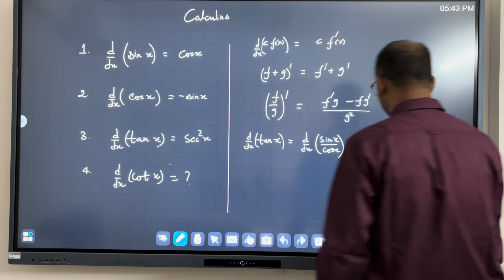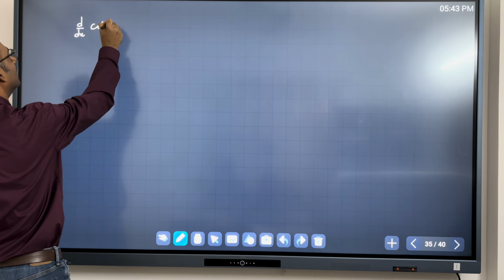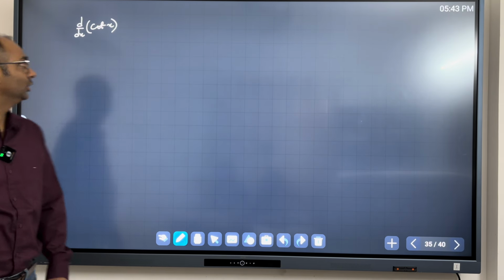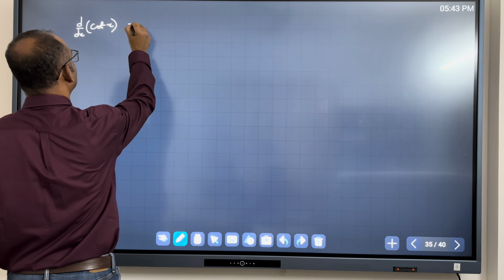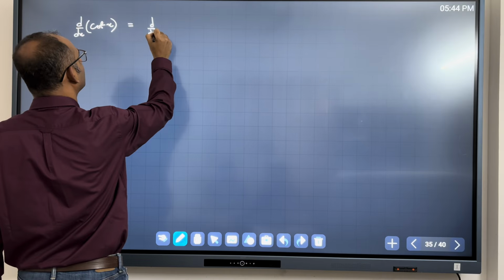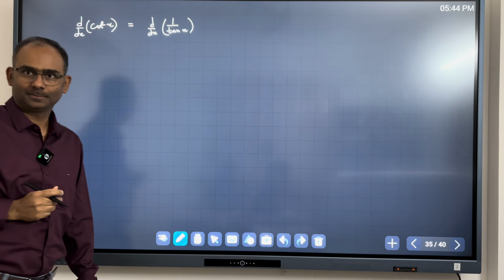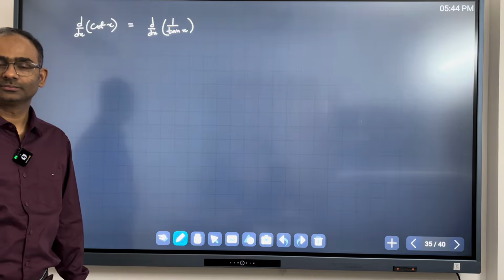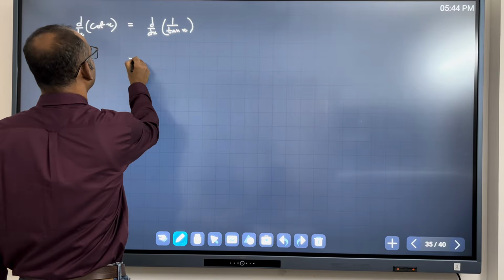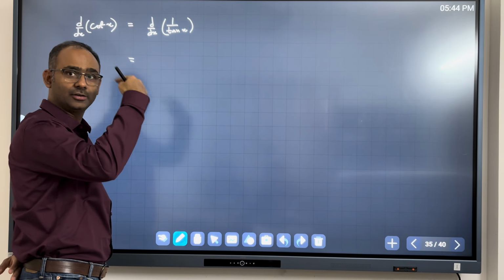Now I'll find out what is cot of x. That's also easy. You can do it like d over dx of cos x over sin x, but I'll do it slightly differently: d over dx of 1 over tan x, because cot is 1 over tan. So first the numerator: derivative of 1 is 0.